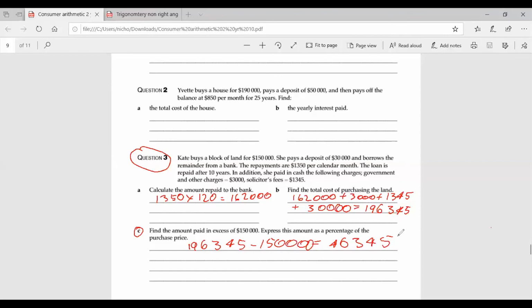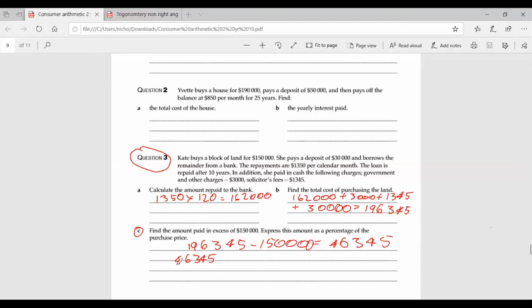So the 150,000, right? So we want the 46,000 as a percentage of the original purchase price, right? And what is that original purchase price? 150,000.